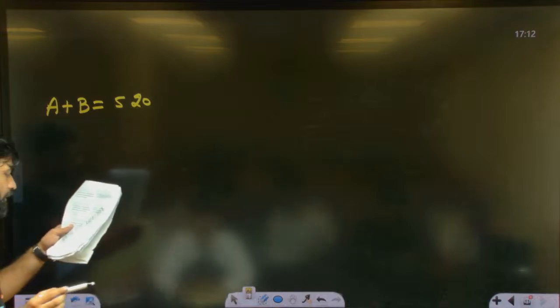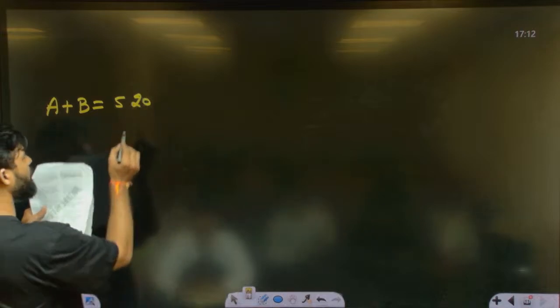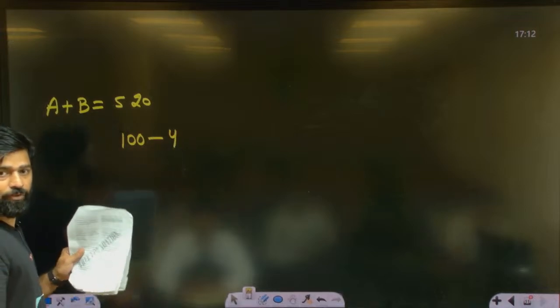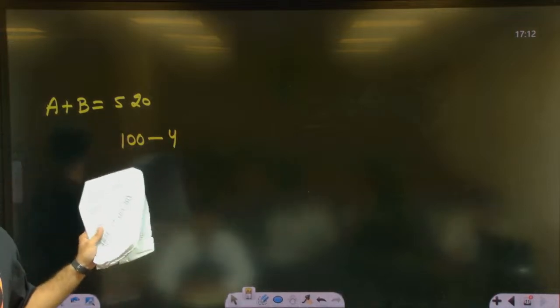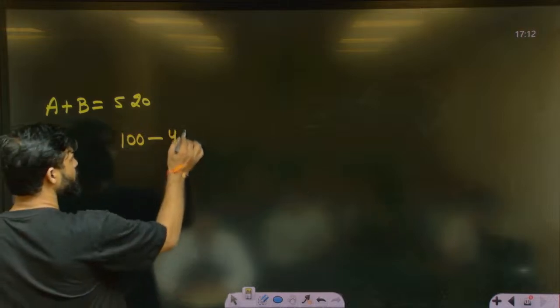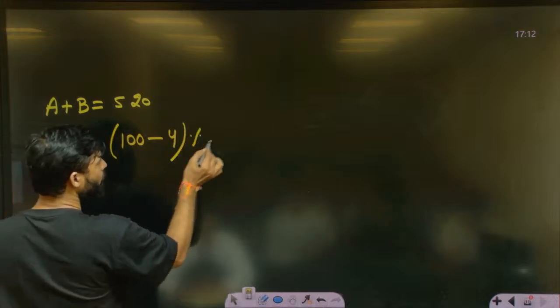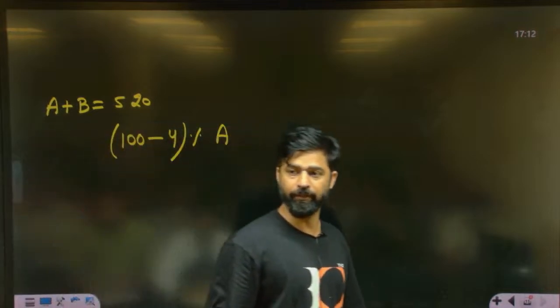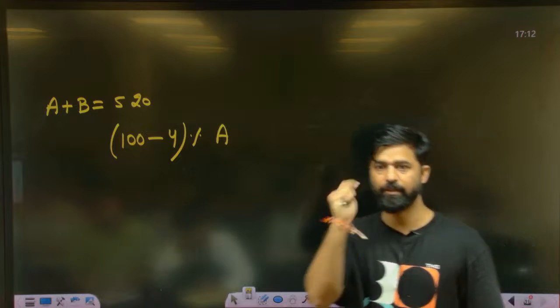So initially A was 100%, but he has decreased A by 4. So I have to minus this value from 100. So this is 100 minus 4%. Now A is 96%.